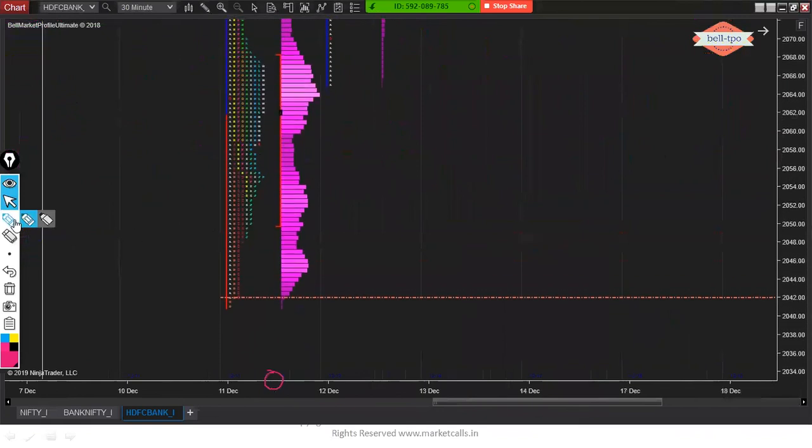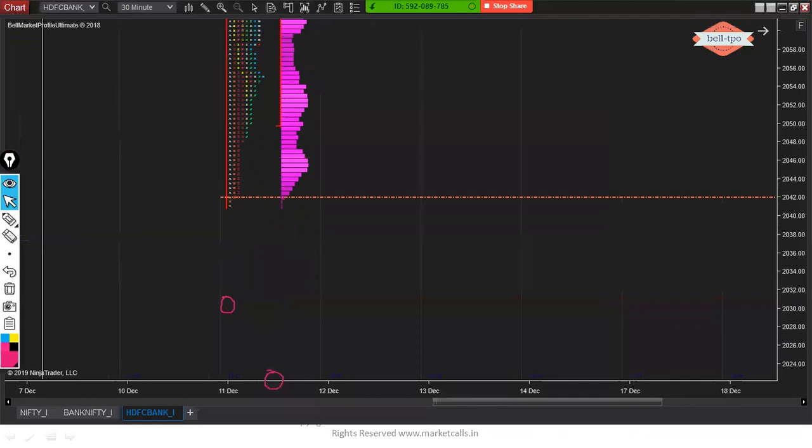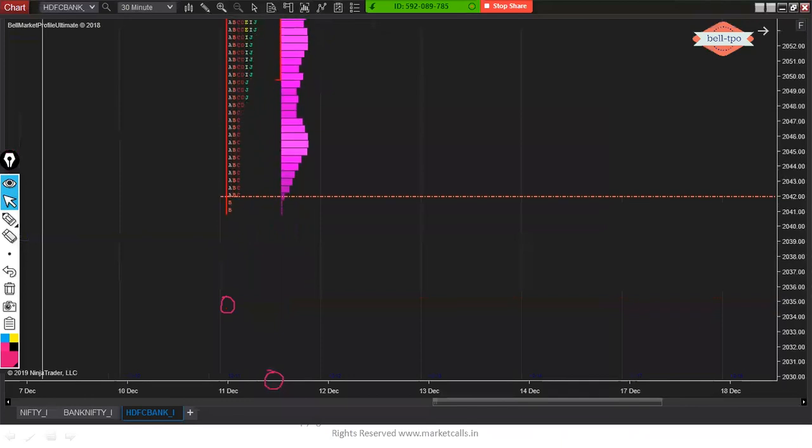If you look at the AB poor low, only the AB poor low has an exception that it can have up to 2 TPOs at the bottom. Maybe I'll zoom a bit and I'll show you. These are reference levels. So maybe this is a short-term reference. You need to carry it forward. 2042 can be anticipated.